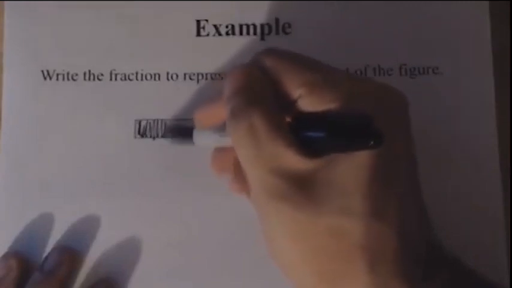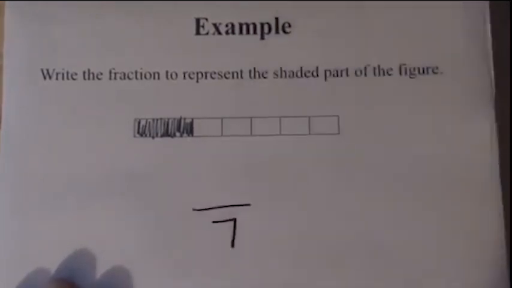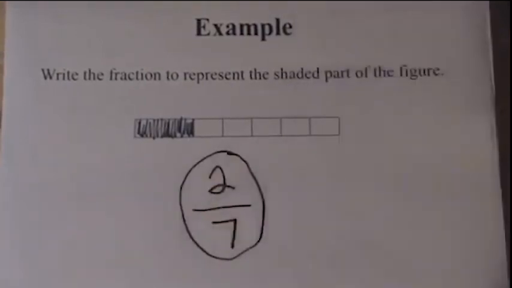Finish this example off. Okay. So there are 1, 2, 3, 4, 5, 6, 7 equal parts in the whole. So 7 is on the bottom of the fraction. The shaded parts are 2 of them. So 2/7.